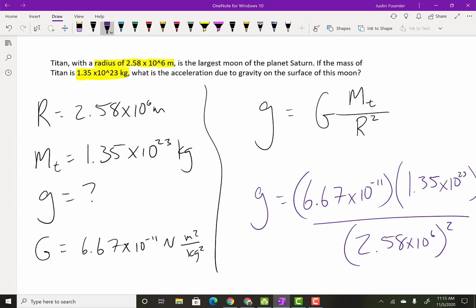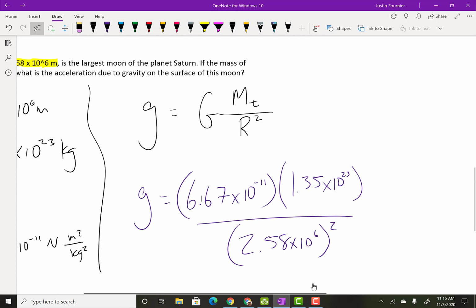When I plug this into my calculator, I like to do the squared first. So I'll do 2.58 times 10 to the 6, all that squared.